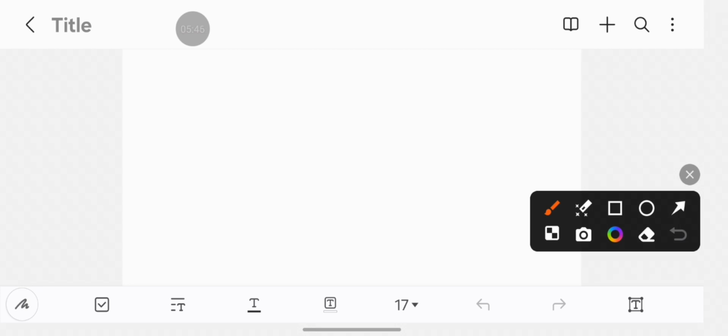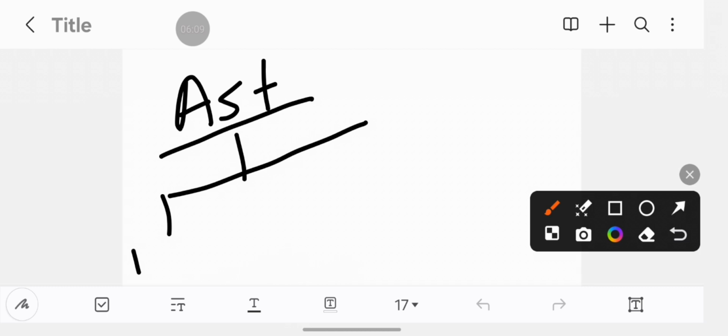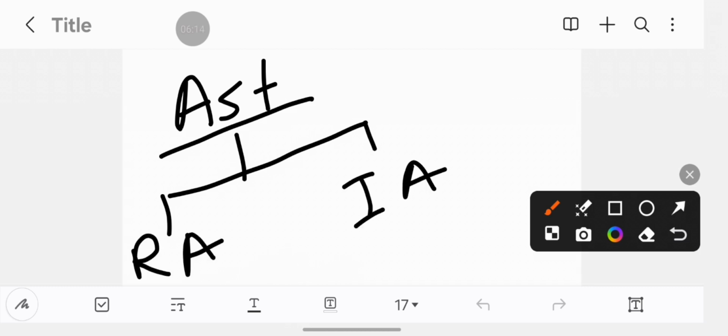Now let me tell you another thing. Let's continue our discussion. Here is another way of classifying astigmatism, as a revision. Astigmatism is of two types: regular astigmatism and irregular astigmatism.